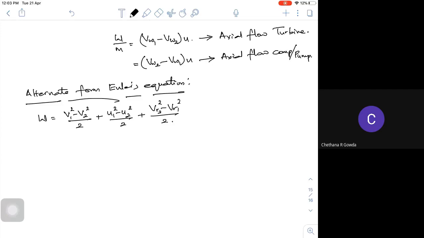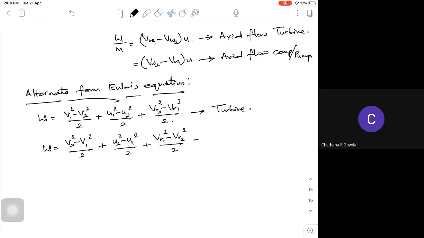This is for a turbine. For a pump or compressor, it is V2 square minus V1 square by 2 plus U2 square minus U1 square by 2 plus VR1 square minus VR2 square by 2. This is for a compressor or a pump.